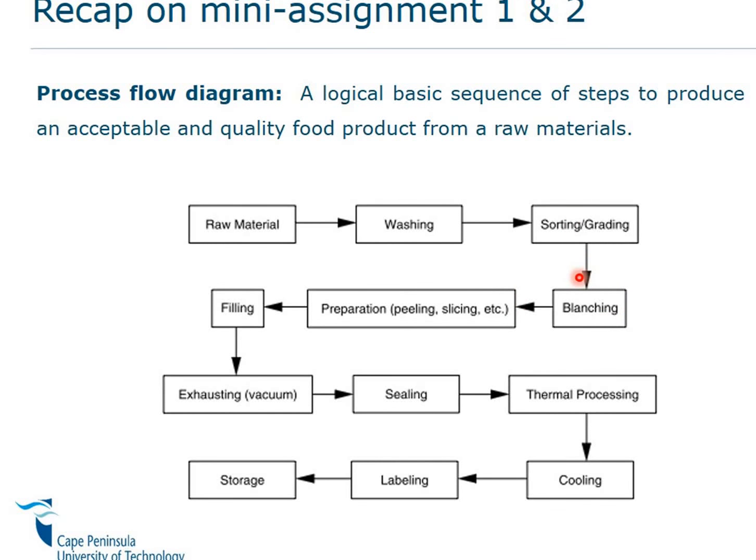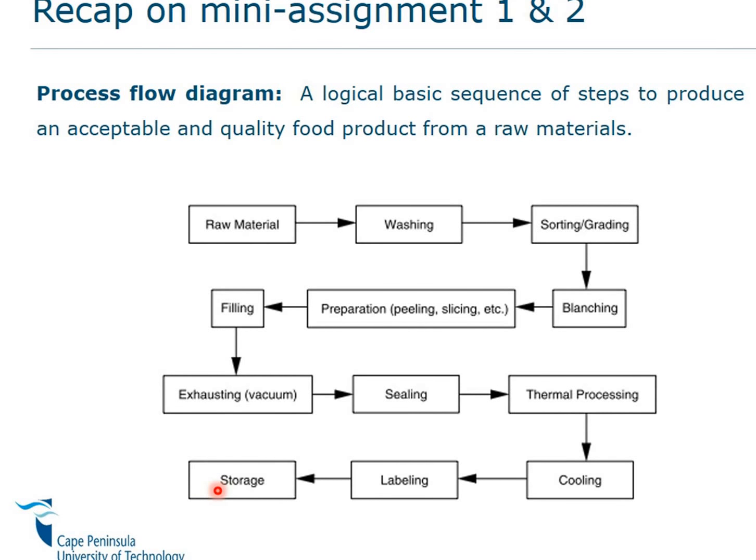We've already spoken about blanching during class, and we've conducted some experiments or practicals on the blanching operations. Then it goes through a preparatory step of peeling, slicing, filling, exhausting, sealing, and thermal processing. Heat is applied at this step, then it's cooled, labeled, and stored.